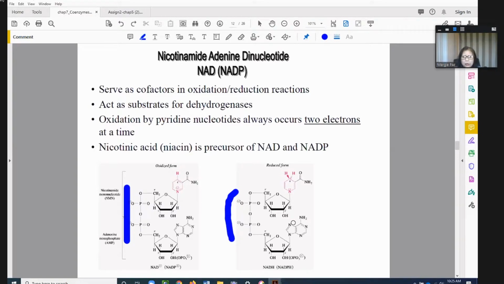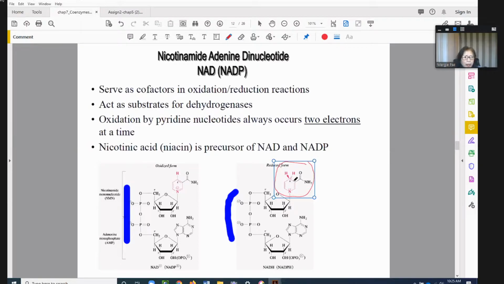How do we distinguish the reduced forms from the oxidized form? Look at the hydride ion attached to carbon number 4. So here, right, that carbon number 4 there is a hydride ion attached to it. So whether it's NAD or NADP, if a hydride ion is attached to carbon number 4, then it is the reduced form.